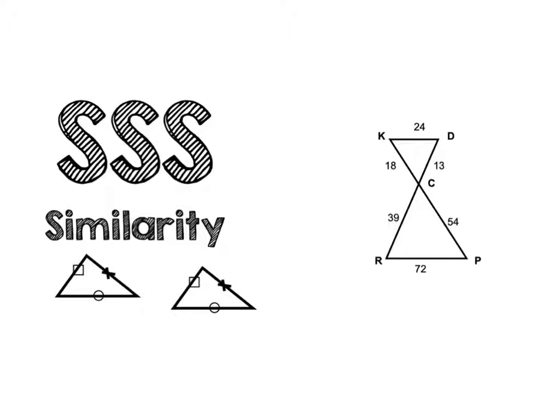So side similarity is similar to side congruence in that it involves all three sides, but this time we're not talking about it being congruent, we're talking about being similar or proportional. So when I look at this, I know that segment RP is going to be similar to KD because those are proportional.